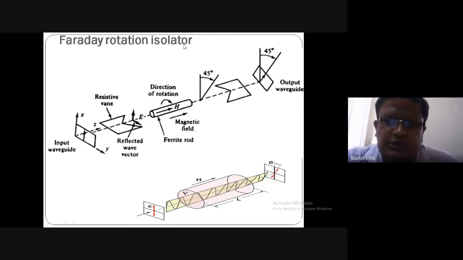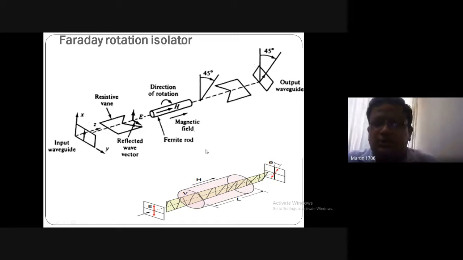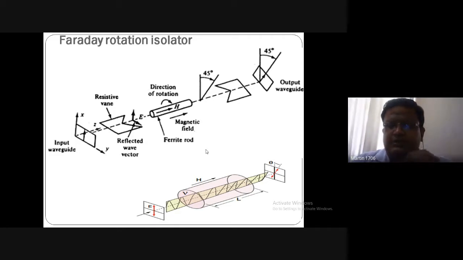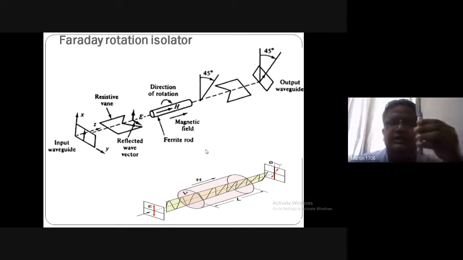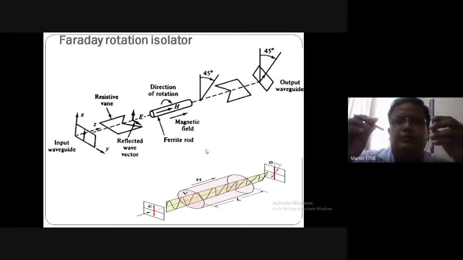Okay, so based on this Faraday rotator only, the polarization is progressively changed. Basically, the polarization, just remember, is nothing but the orientation of your electric field. Okay, suppose I am saying that my input polarization direction is like this, but my output polarization direction is like this.